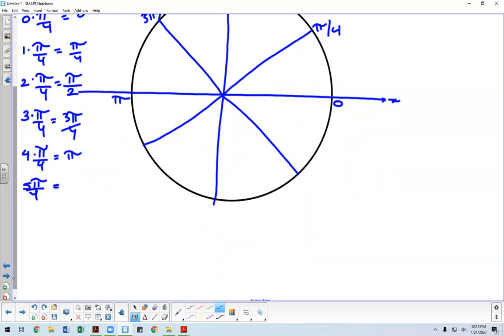And then you're back at 3 pi over 2, because that will be 6 times pi over 4, so that will be back at that 270 degrees. Okay. And then 7 pi over 4. Very good. And then you're back at 2 pi after that.